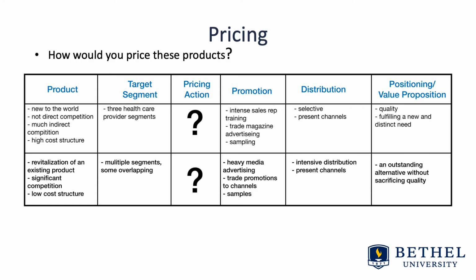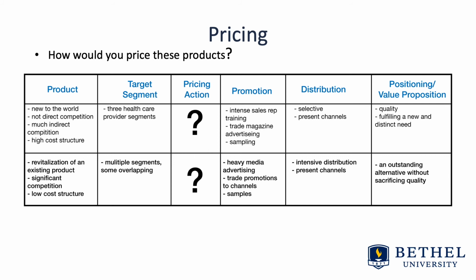Consider these two pricing scenarios. How would you price the product? The first situation is a high-quality healthcare product being launched into 3 healthcare provider segments. The product is new to the world with a high-cost structure. It has no direct competition, but quite a bit of indirect competition. The product will be sold through our current channels, but only via selected members.